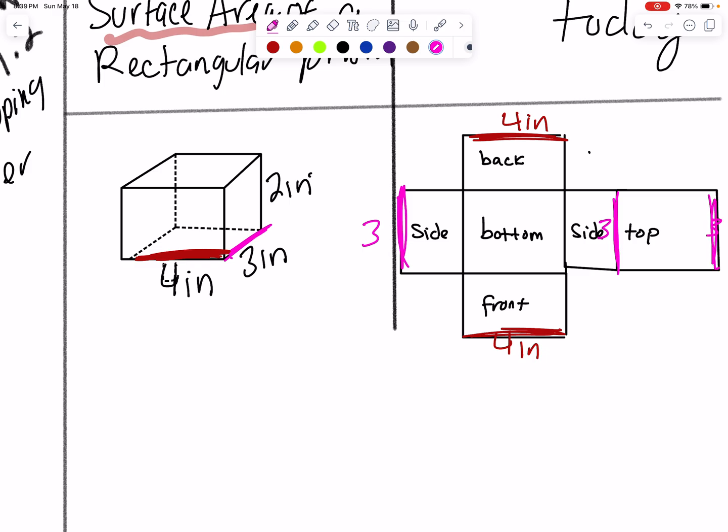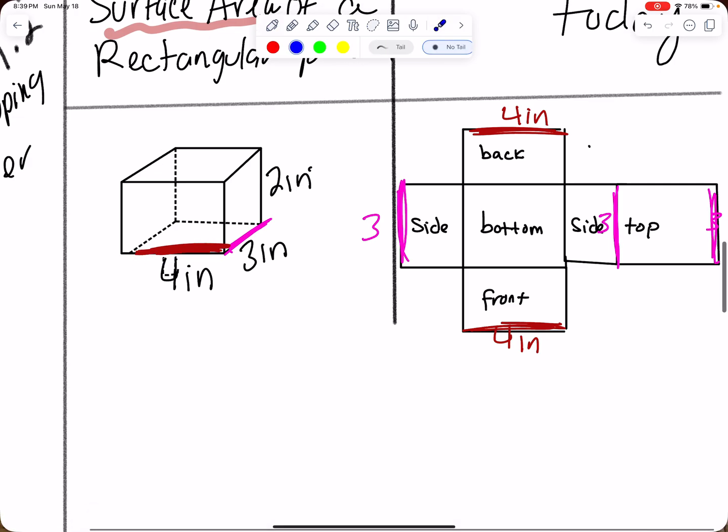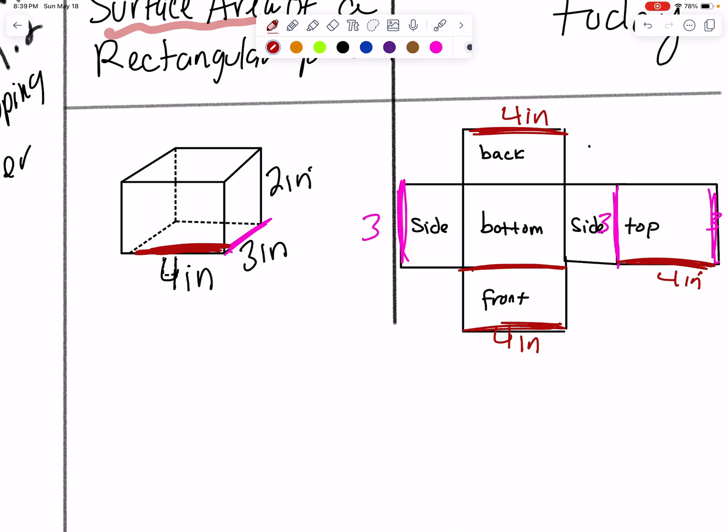Now, this is also the bottom, so that means this is also 4, and the top is also 4, because the bottom is the same as the top. Now let's look at the 2. The 2 is right here, which is the top side, which means this right here is 2. This is 2. This is 2. This is 2. This is 2.